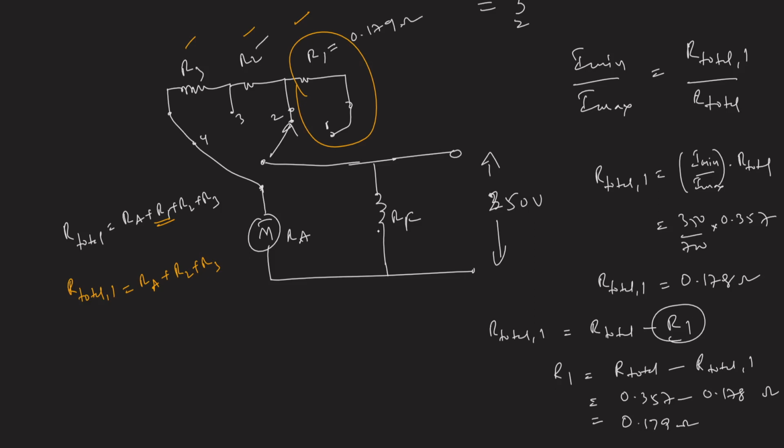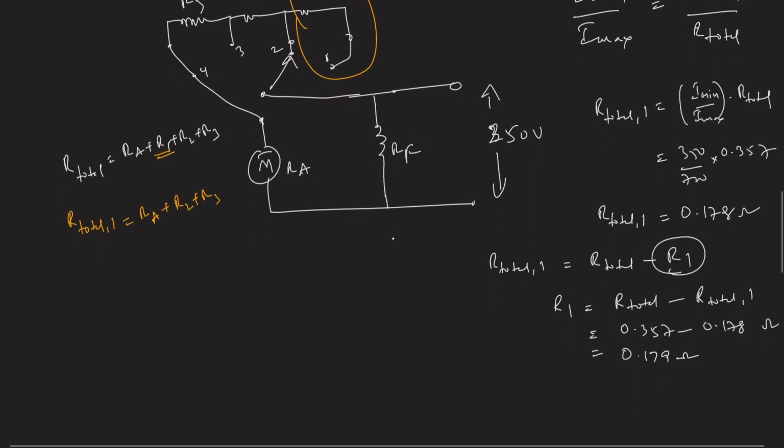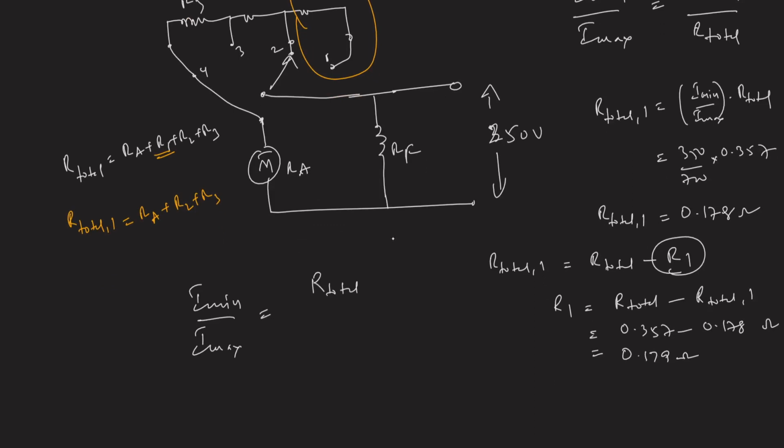Now let us find out R2. Similarly, I minimum by I maximum is equal to R total comma 2 by R total comma 1.